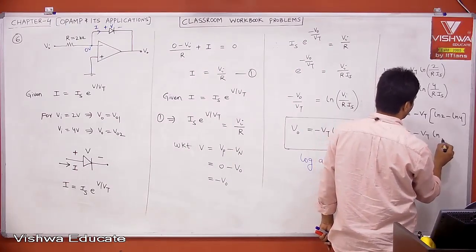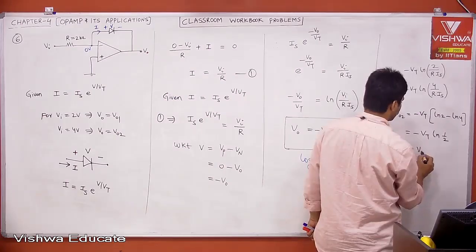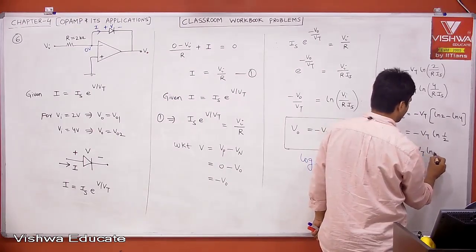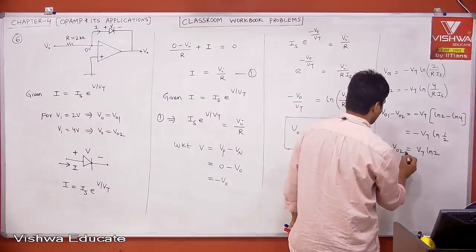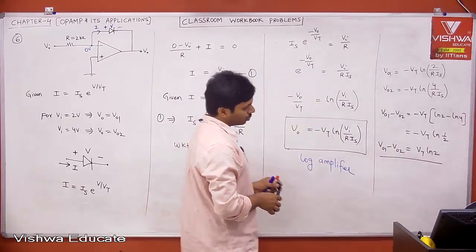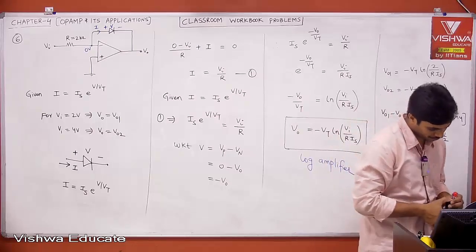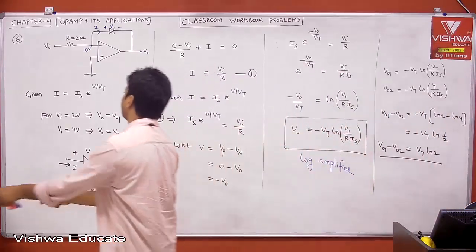Which is nothing but ln 2 by 4, that is ln 1 by 2, which is minus ln 2. Therefore, V01 minus V02 is equal to Vt ln 2. What is the answer? Vt ln 2. Option D. Therefore, answer is D.